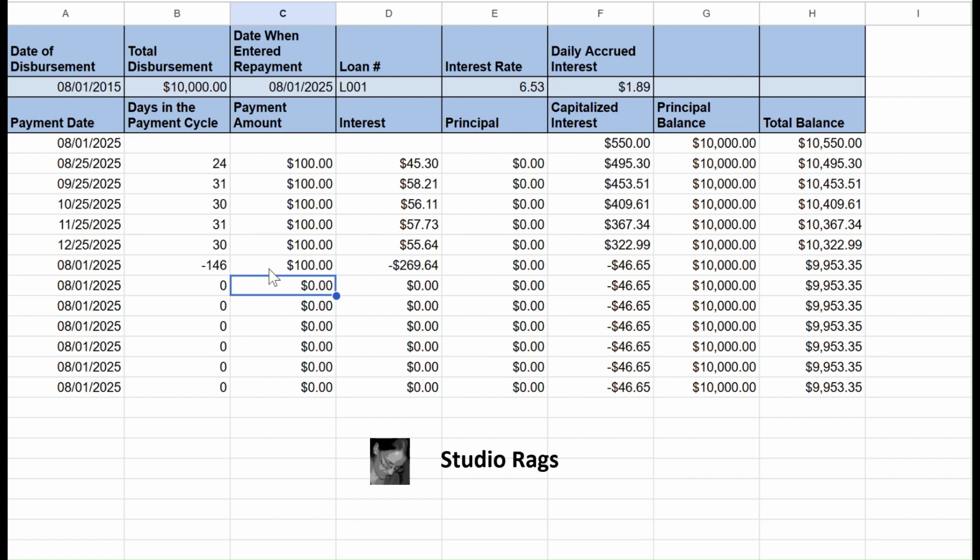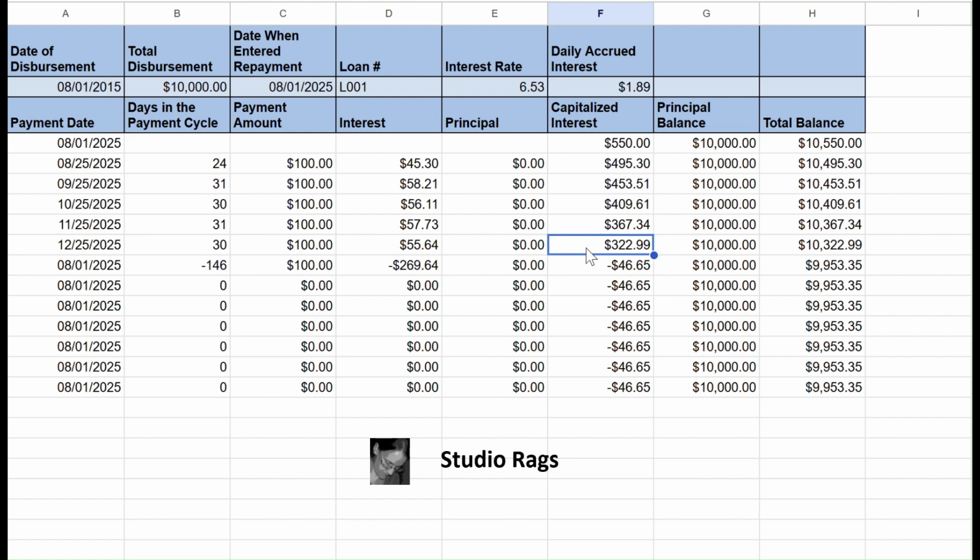Now, let's assume you've made regular monthly payments of $100 through to December. Your number of days in the pay cycles calculating correctly. It goes to 31 and 30 because we have some months with 30 days and some with 31. And you get to this point of capitalized interest where it's down to $322.